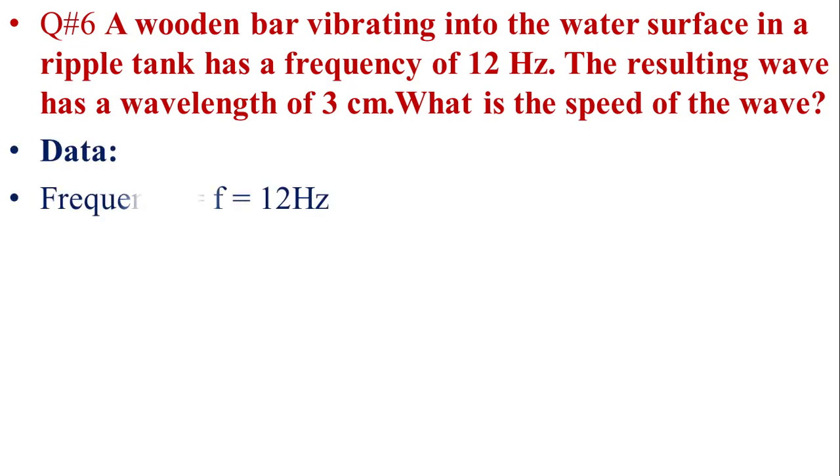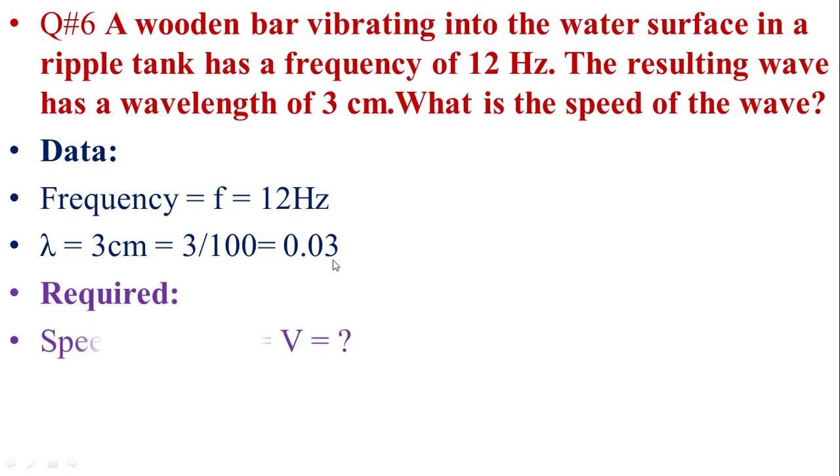So, given data: frequency f is equal to 12 Hz, lambda, wavelength, is equal to 3 centimeters. Centimeter convert into meter, divided by 100, 3 divided by 100 is equal to 0.03. Now required: speed of wave v, and the formula we can use is v is equal to f lambda.